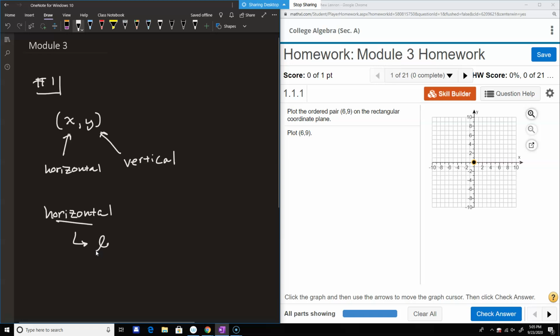So left is associated with negative values. And right would be associated with positive values. So these are the orientations that we have. And for vertical, up is going to be positive and down is going to be negative.